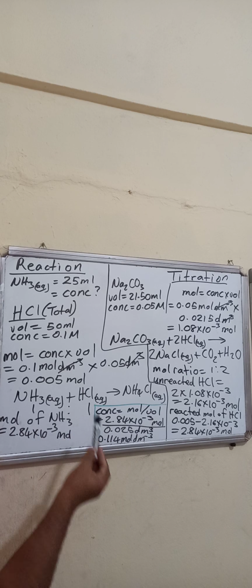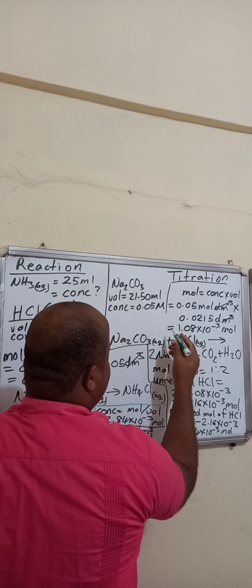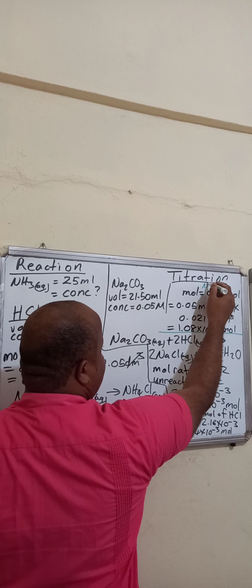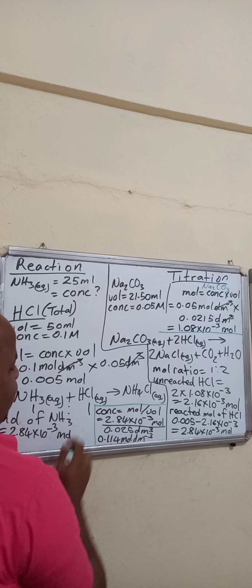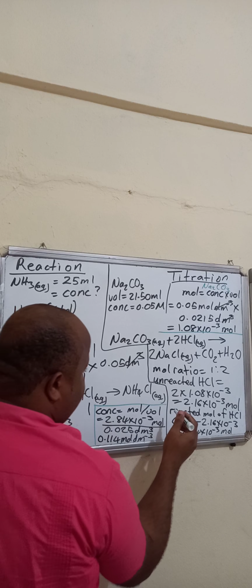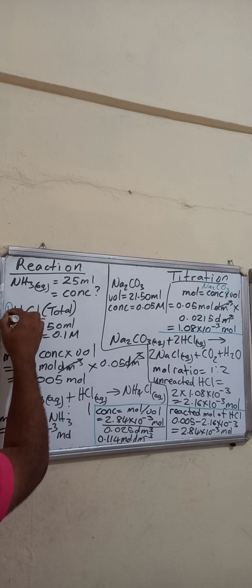We use the mole ratio and we get the amount of moles of unreacted HCl. Alright. So this was the mole of sodium carbonate. Once we get the mole of sodium carbonate, we write our balanced equation, use the mole ratio to get the unreacted moles of HCl.